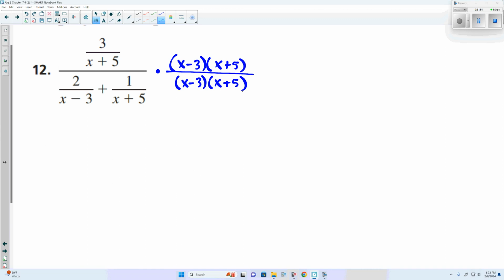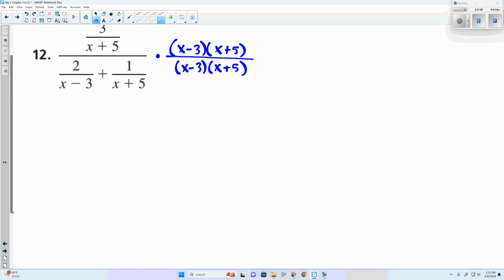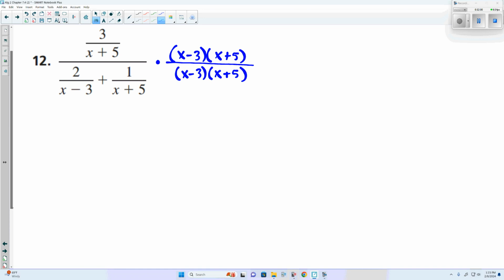When we're adding and subtracting two fractions, we look at what one has and what doesn't. But here, we want to get rid of all three of these fractions. An x minus 3 will get rid of the denominator in this one, and a single x plus 5 will get rid of both of these here.